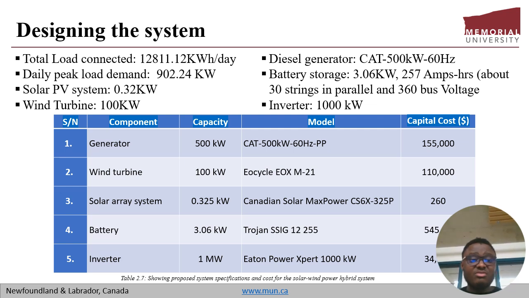And then our solar PV system 0.32 kilowatts, our wind turbine about 100 kilowatts each. Then our diesel generator, CAT 500 kilowatt generator, with a frequency of 60 hertz. And then our battery storage, which is about 3.06 kilowatts, 257 amp hour, and about 30 strings in parallel, and 360 volts. Our converter is about 1,000 kilowatts.